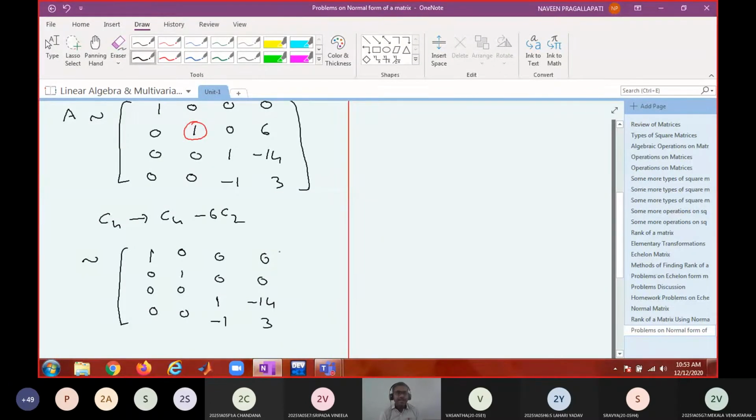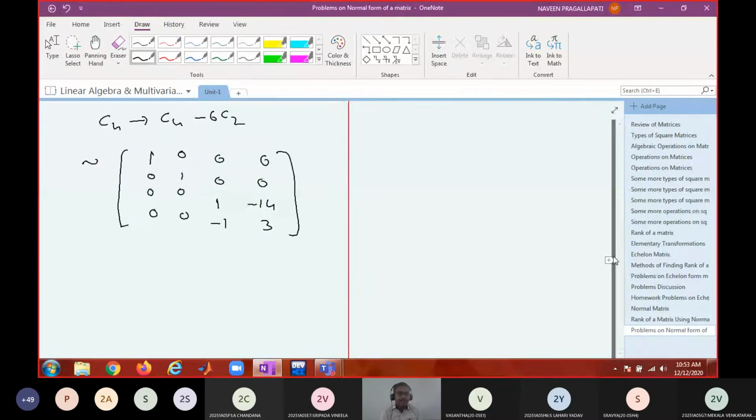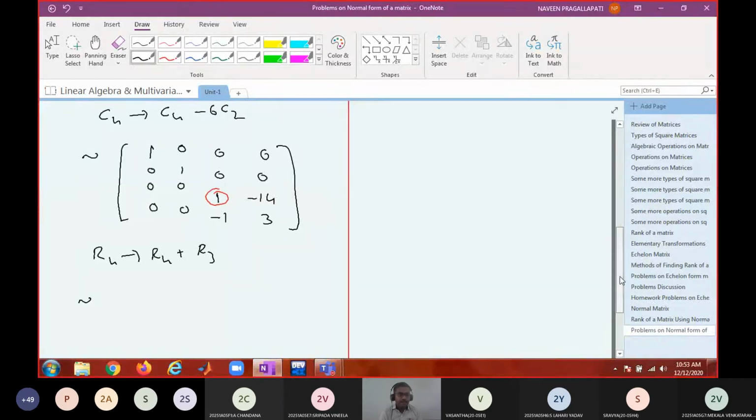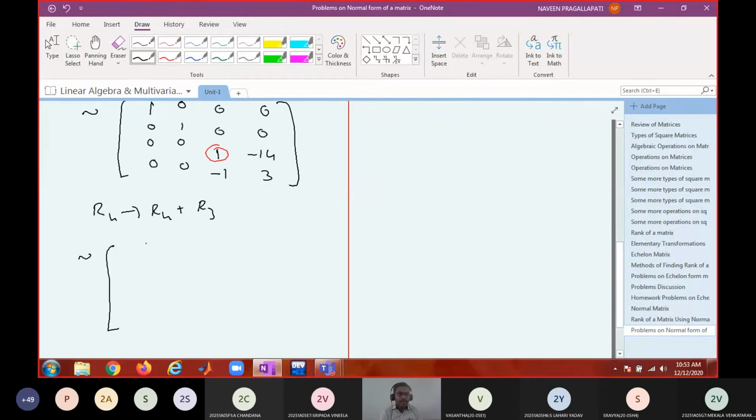Next pivot is this. Next, R4 gets R4 plus R3, minus 11.